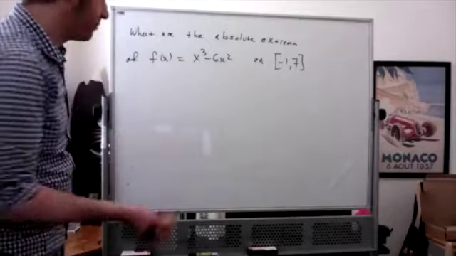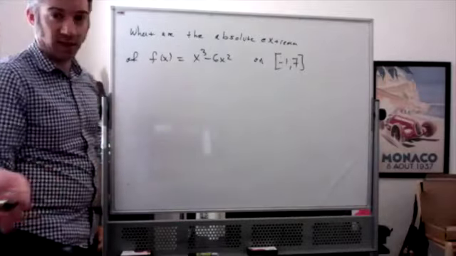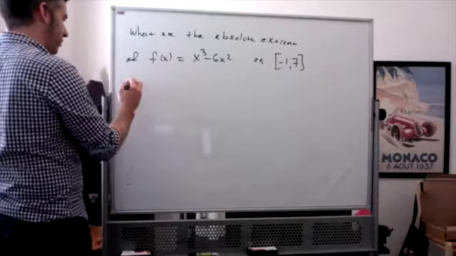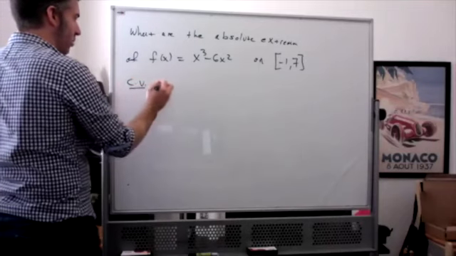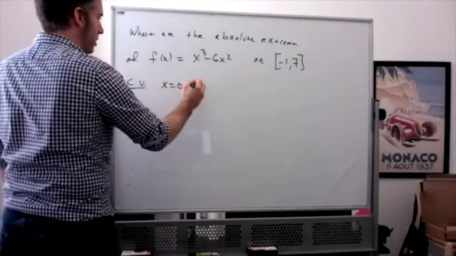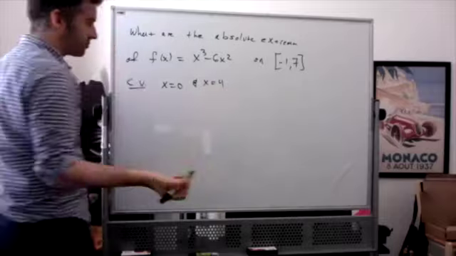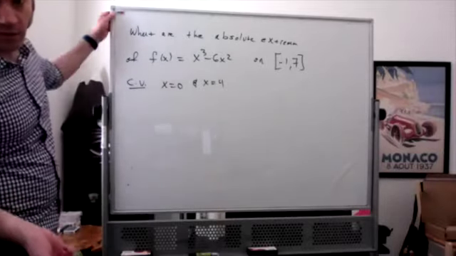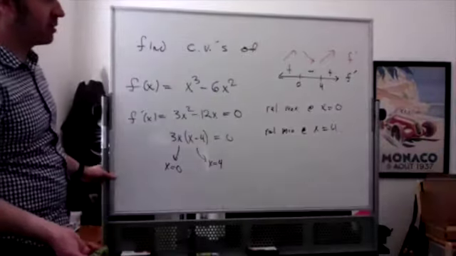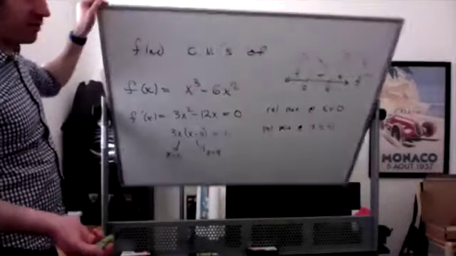Here's how you find them. So again, I'm going to look at the information I have from the first derivative. I know that my critical values were x equal to 0 and x equal to 4, from the other work we just did. We could even draw the first derivative number line if we really wanted to.